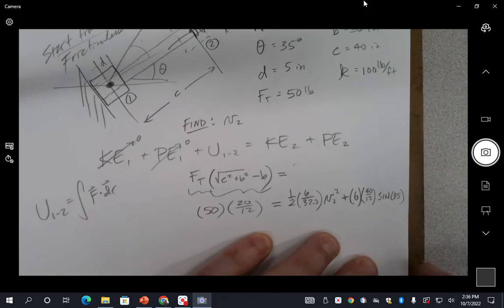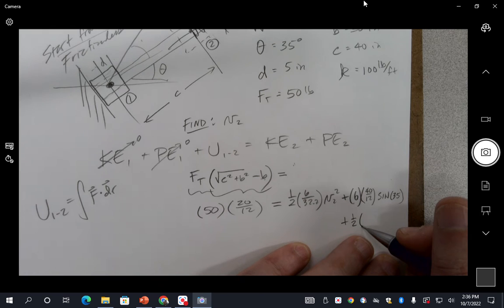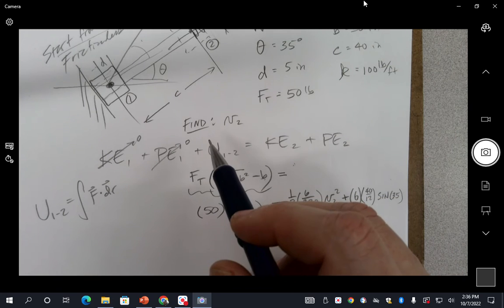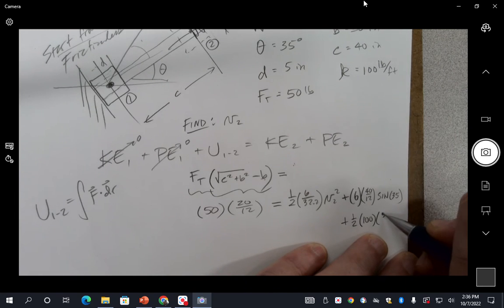But then also plus 1/2 100 times the deflection, which we decided was going to be D, right? 5 inches divided by 12 squared.